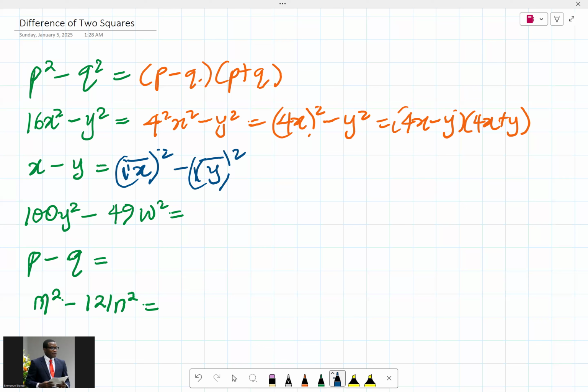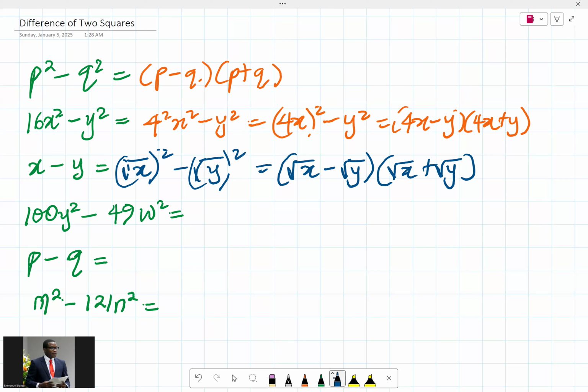So we can have square root of x squared minus square root of y squared. So now we have written it as perfect squares. So now we can have root x minus root y into root x plus root y. And that goes, okay?